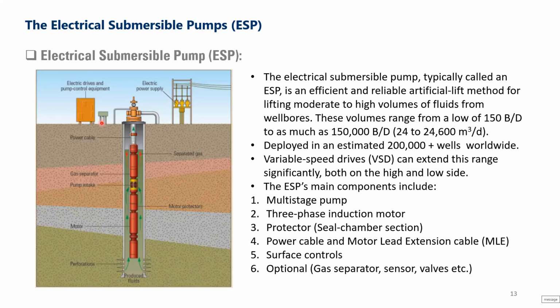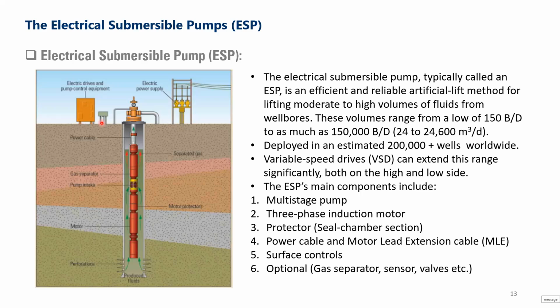So the VSD or the variable speed drive gives operators this option of playing with the production rate from an ESP system. So this tells you that it's not fixed. Every pump has different ranges. So whenever you buy the pumps, they tell you that this is the range of the pump. It produces between this and this.